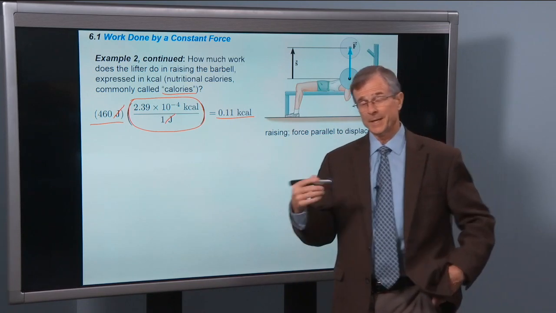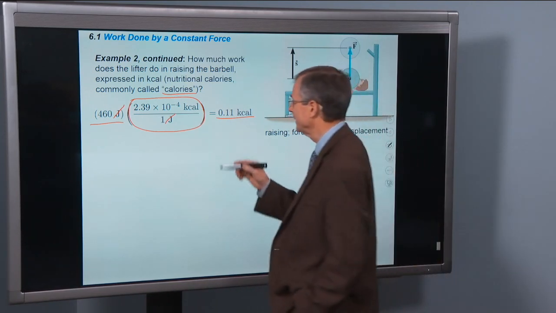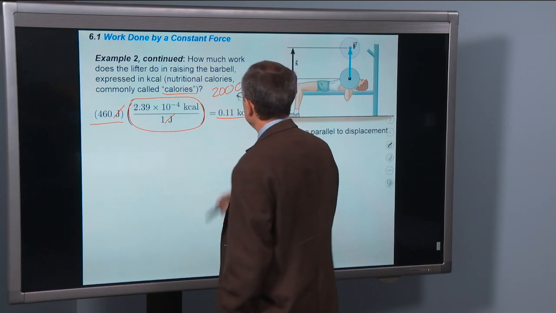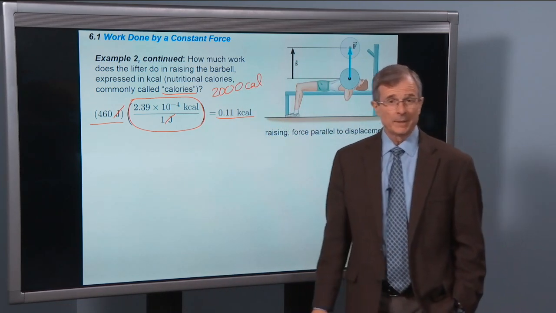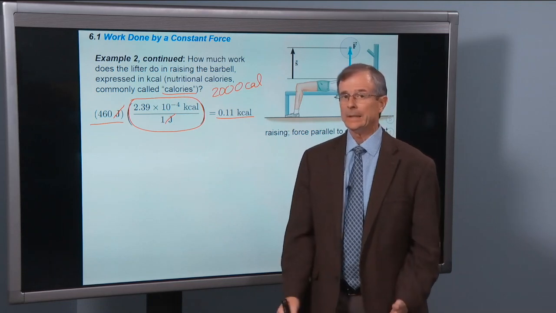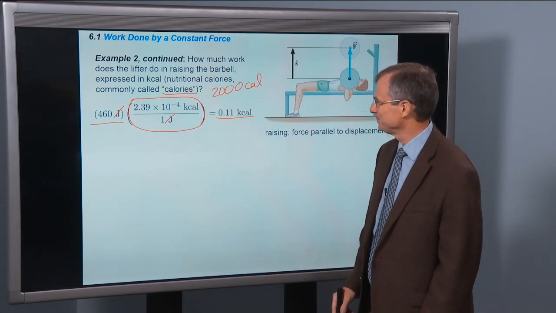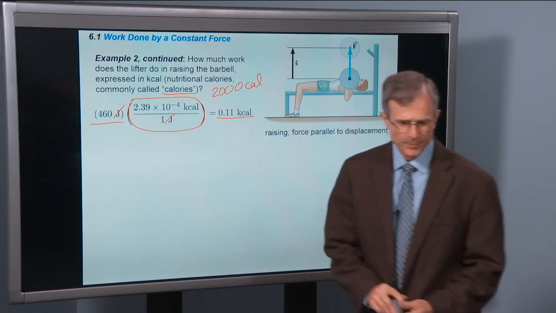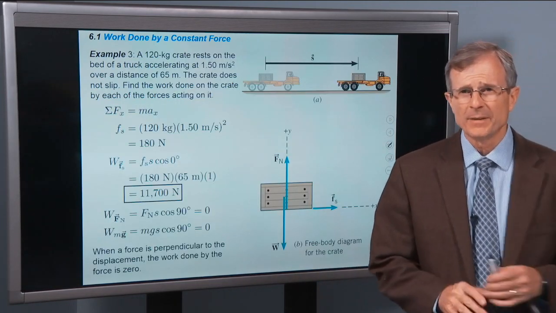So when they talk about a 2,000 calorie diet, that's kind of the daily recommended, it's really kilocalories. It's nutritional calories. Okay, there's a conversion factor. Beat that one to death.